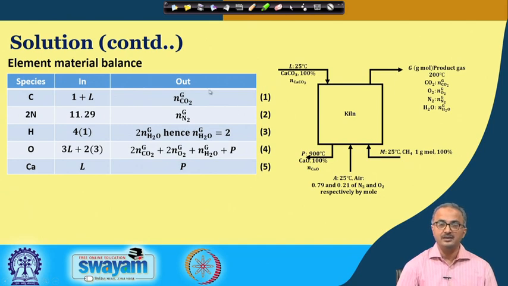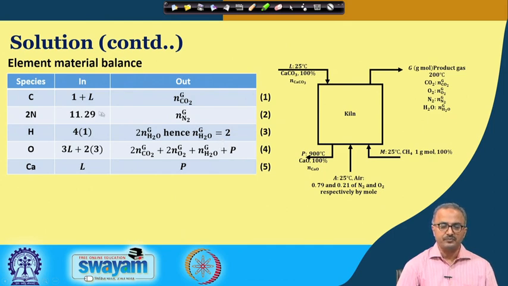Now we write the species material balance to find out the number of moles of each of the species. So here I have shown you for the inlet stream for each of the individual species, and here I have shown you for all the outgoing streams.